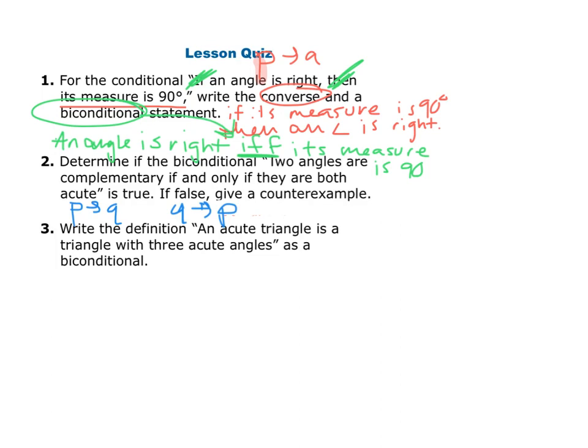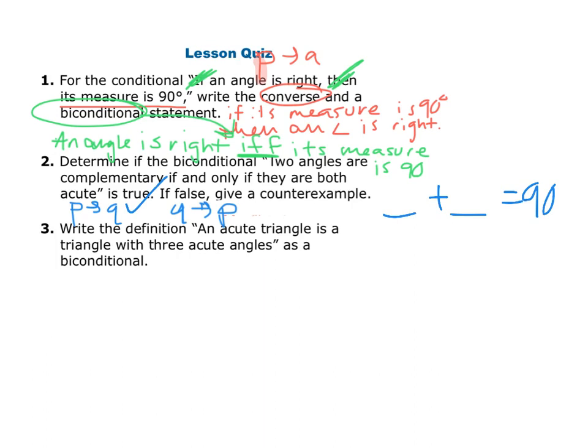So if we have two angles that are both complementary, meaning they add up to 90, if two angles add to give you 90, both of them have to be less than 90. So therefore, P then Q is true.